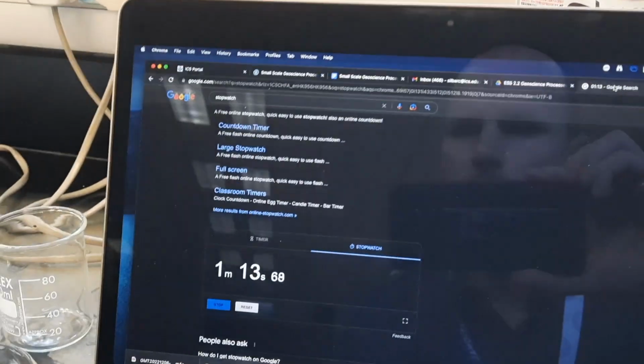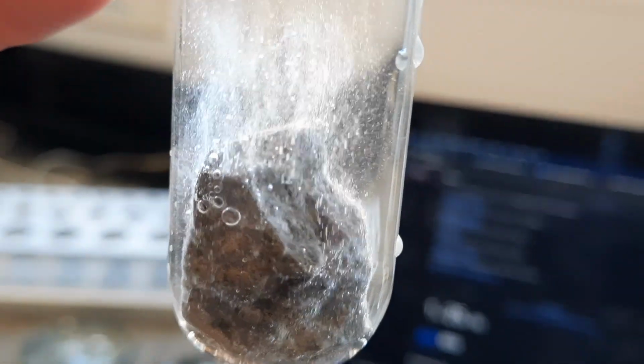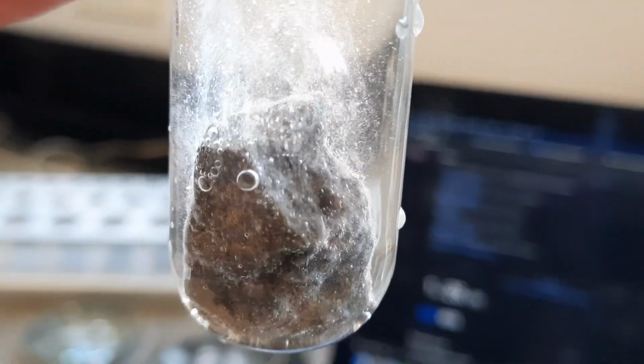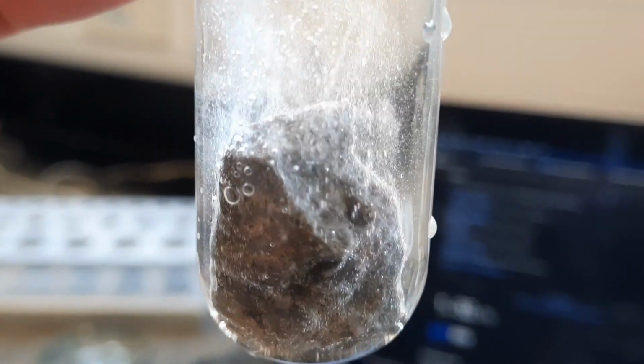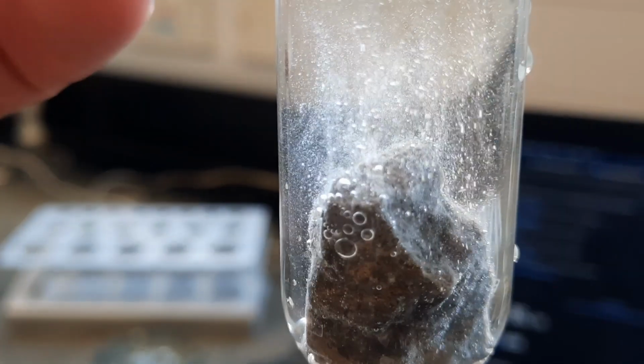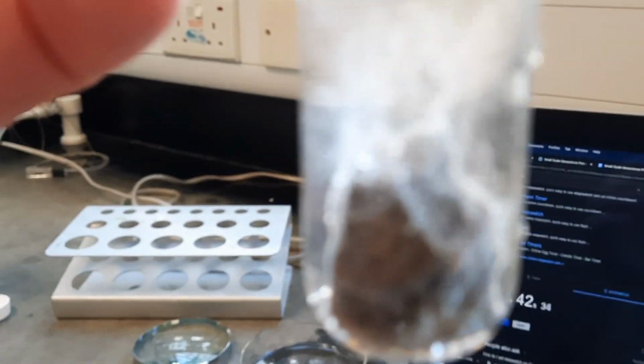Okay, it has been 1 minute 13 seconds. Let's take another look here. If I can get it to focus. There we go. So remember in our video that we watched about cave formation last class, we learned that limestone is made out of the sediments of dead organisms that had calcified shells.